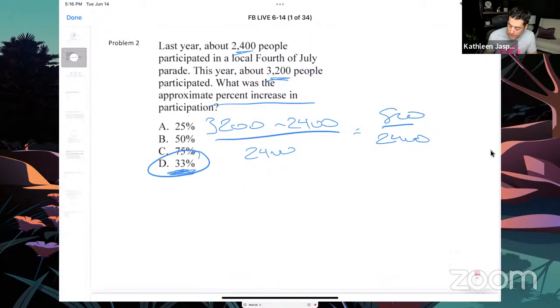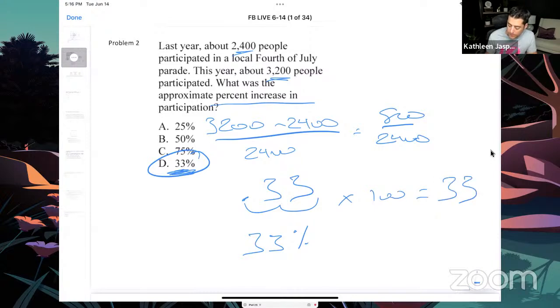Okay. And so then, in order to make a percent, we just bring the decimal two places to the right, and then you get 33%. Or because we are at a decimal, with decimals, you always multiply by 100 and you'll get 33, and then just add a percent to it.